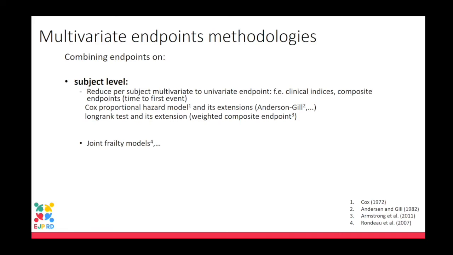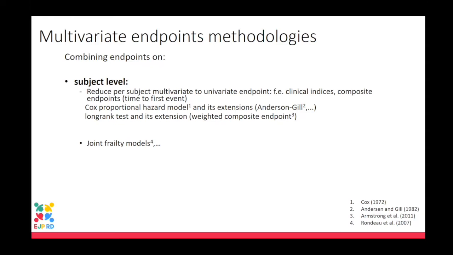Every subject in a clinical trial thankfully gives us data that we can use. And now we can try to combine all of that information on a subject level, which is in fact quite a common methodology, not only in rare diseases, but also in large studies such as cardiology and oncology. What we try to do is reduce the multivariate outcome to a single univariate endpoint.